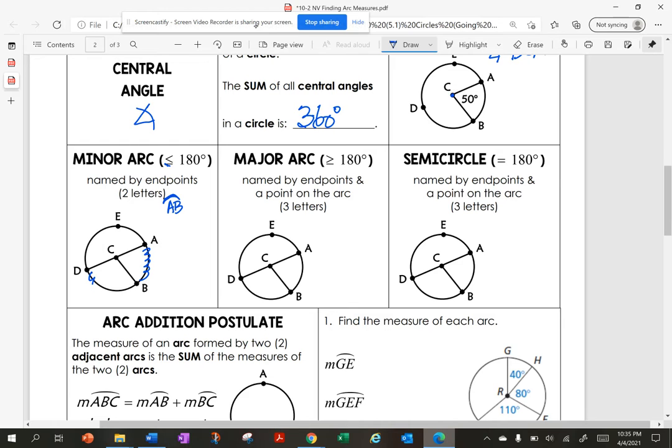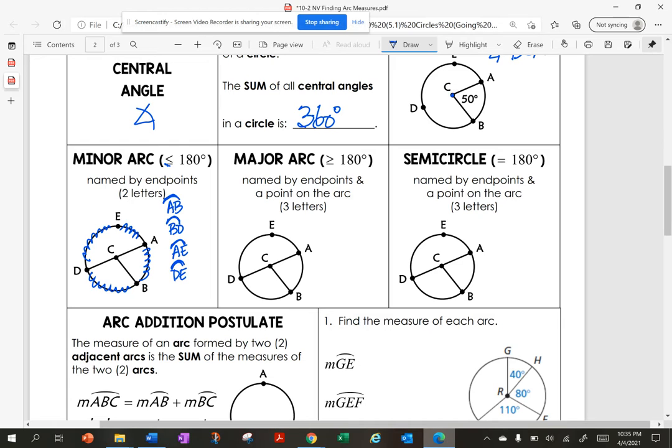BD is another arc, arc BD. AE would be another arc. So all of these are less than 180 degrees, or DE is another arc. So I name a minor arc with two letters, and it has to be less than 180 degrees.